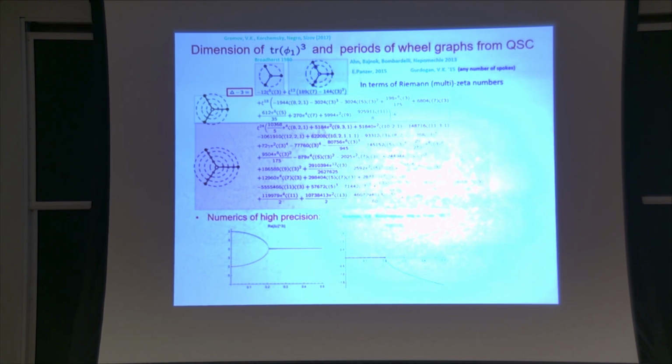I tried to learn something about computing these graphs. For example, this graph was computed by Eric Panzer, and it was already a very sophisticated calculation, by integration by parts and so on. We reproduced it, of course, and now we can generate from integrability many more of these graphs.